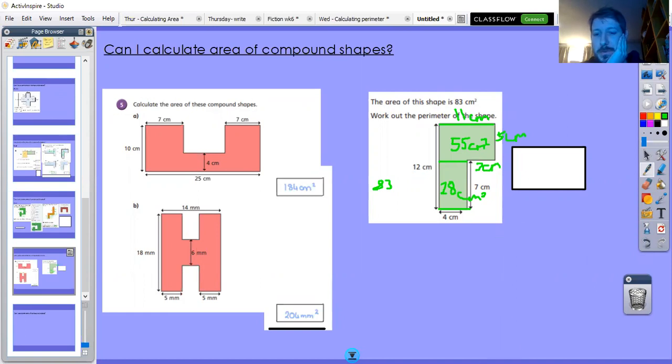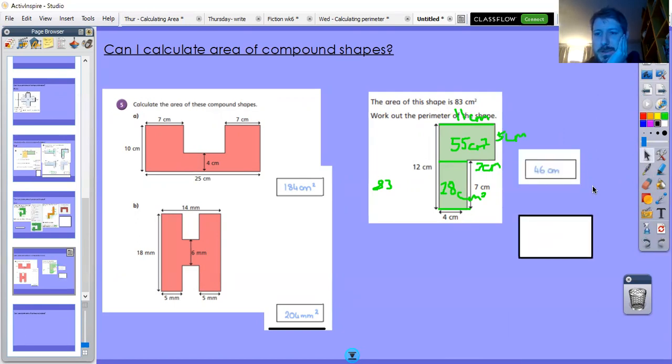So hopefully, if we add all these up, so 11, add 5, add 7, add 7, add 4, add 12, gives me 46 centimeters, which hopefully, yes, is 46 centimeters. So hopefully some of you managed to solve that one as well.